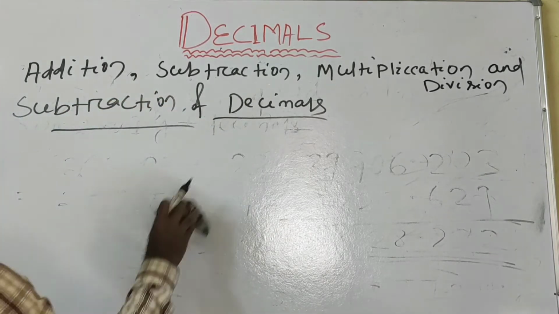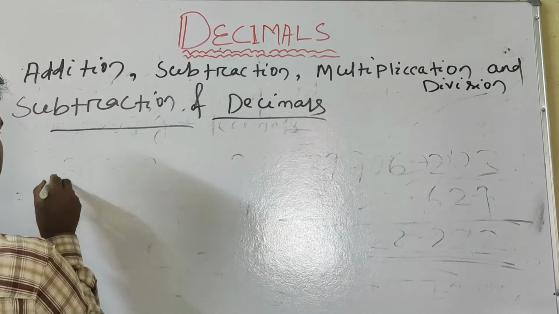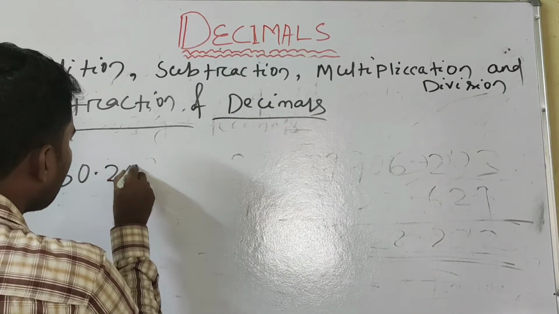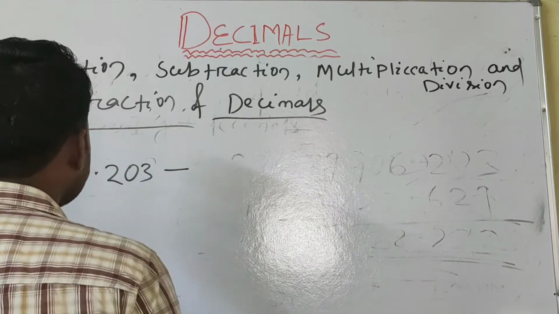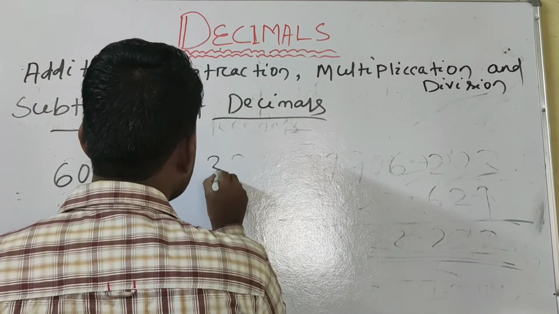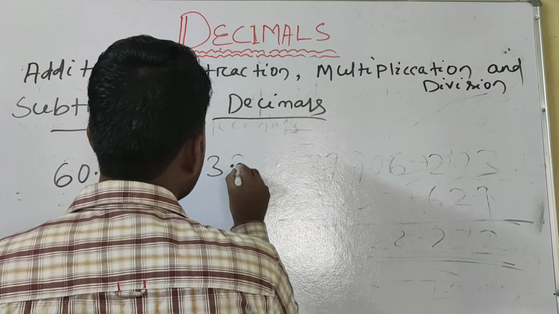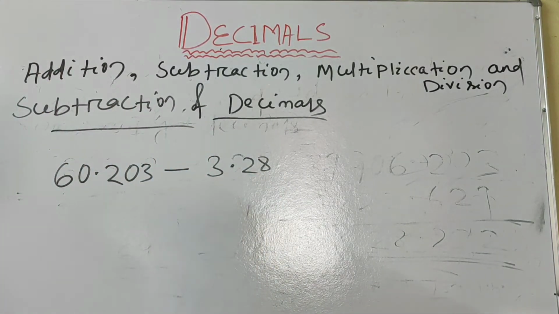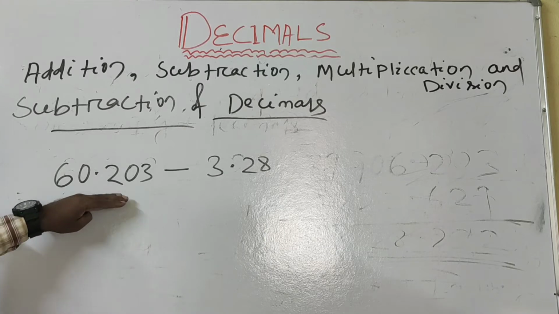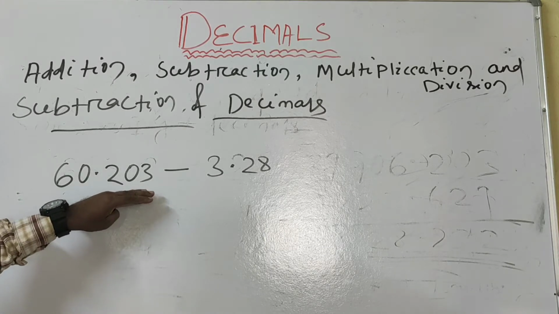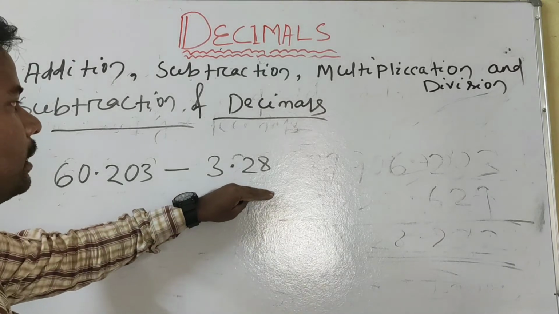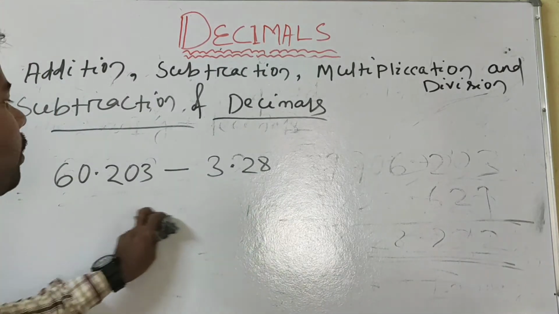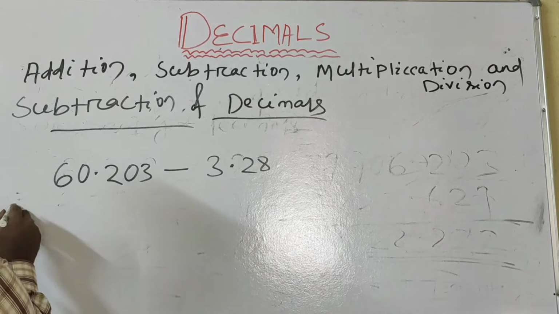First we will take two numbers. Here the first one is a three decimal place number and the second one is a two decimal place number. So first we have to convert both numbers into like decimals.